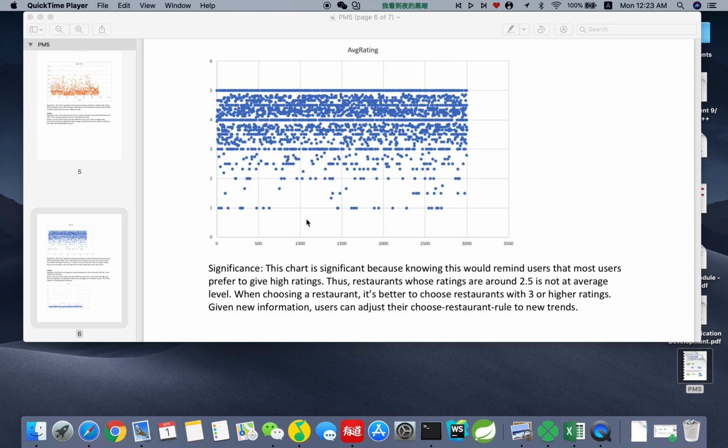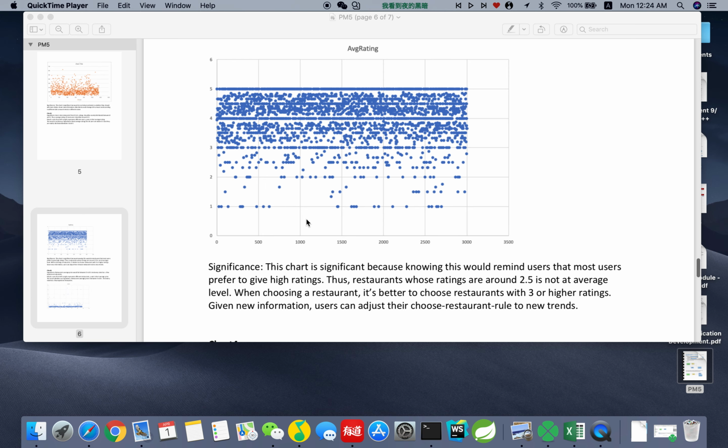So restaurants whose ratings are around 2.5 are actually not at the average level. When choosing a restaurant, it is better to choose restaurants with ratings of 3 or higher. And given new information, users should adjust their rules about choosing restaurants to new trends.